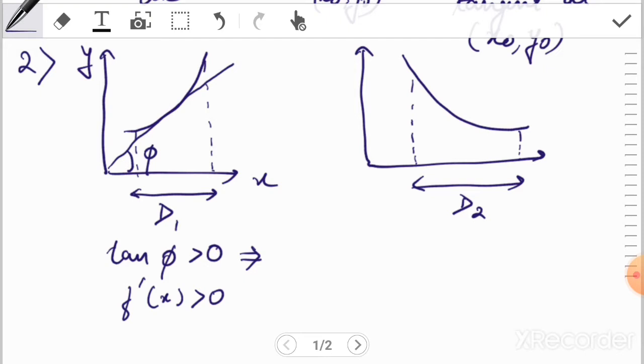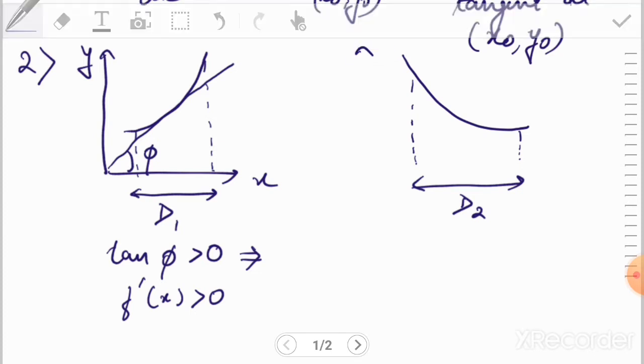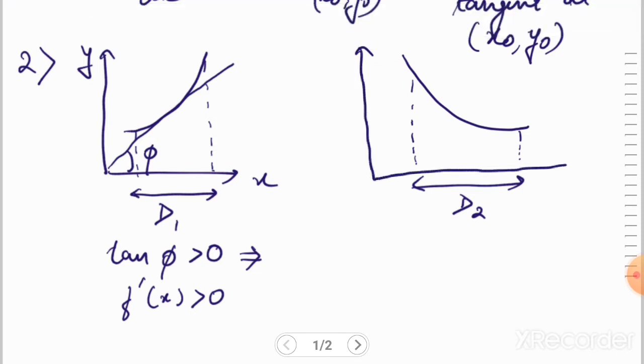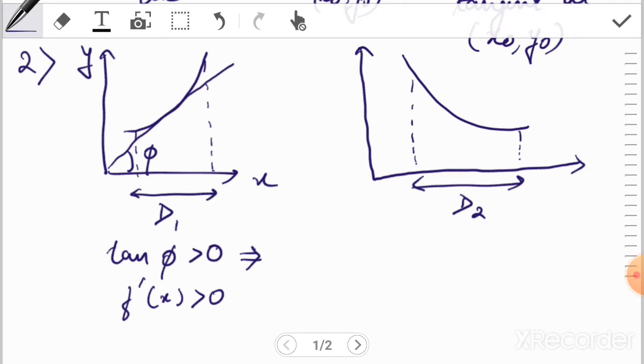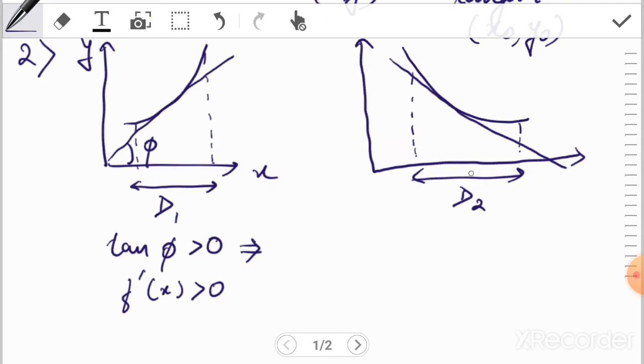Analogous to this, if we have a strictly decreasing function, then the tangent to the curve y is equal to f(x) for all x in the given domain makes an obtuse angle with the positive direction of the x-axis.